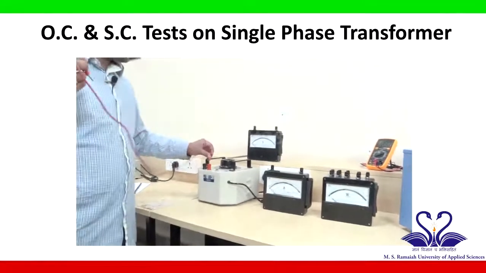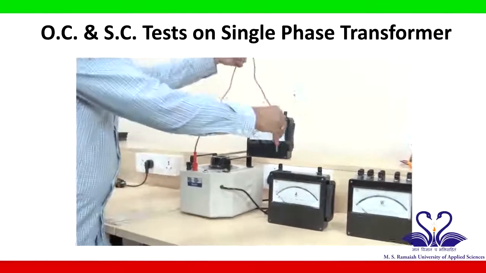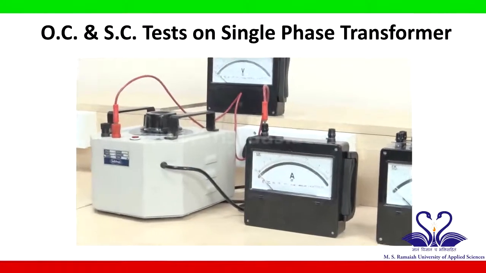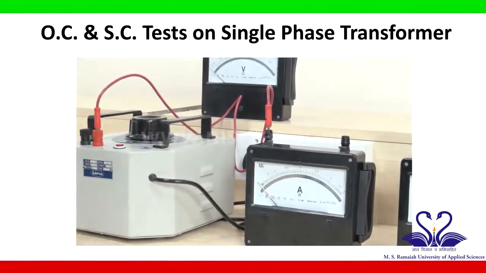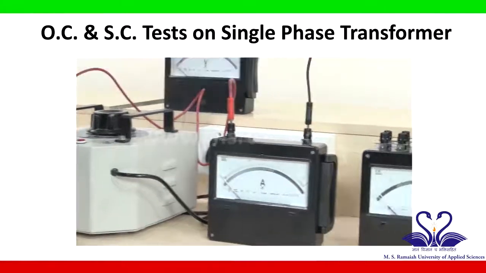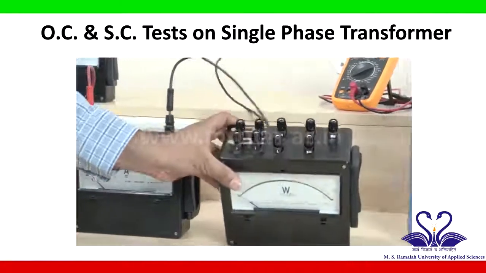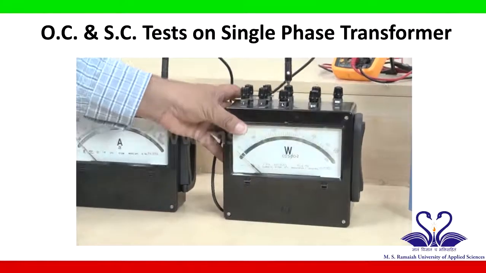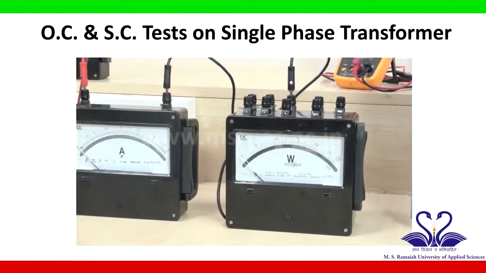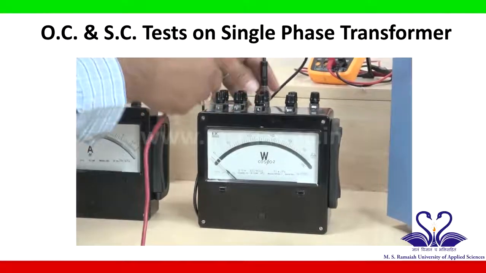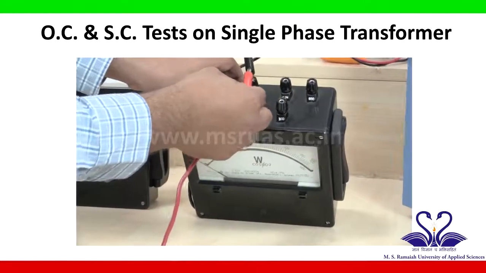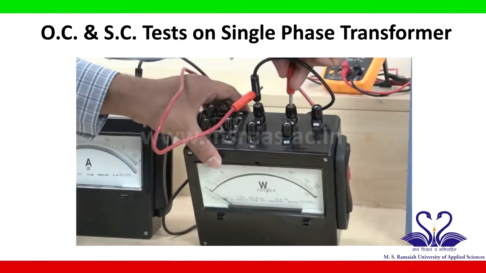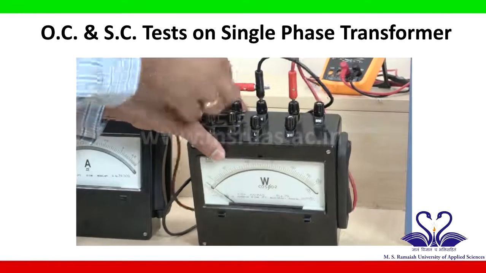From the phase of the auto transformer, the wire is connected to one end of the ammeter. The other end of the ammeter is connected to M of the wattmeter. M and C are shorted.